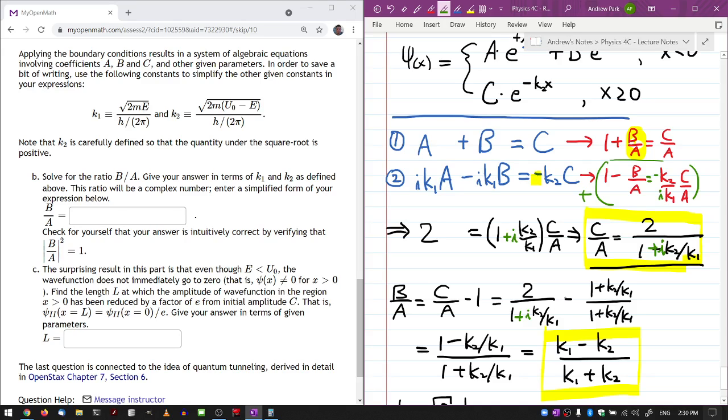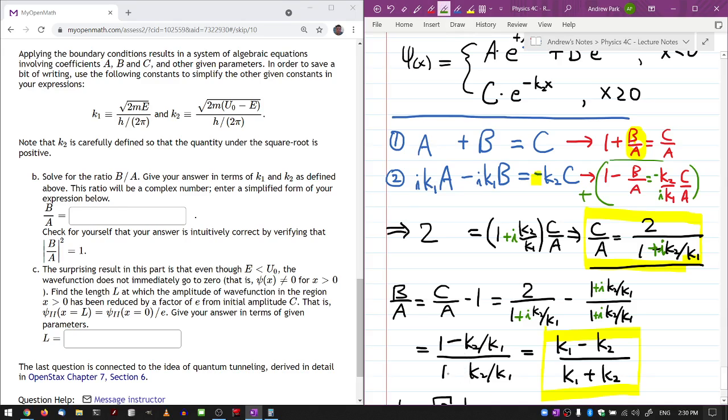Well, let's see. I'll just work through the algebra and see if there's a difference. For the 1 that we are subtracting, our convenient form of 1 changes. It's going to be 1 plus ik2 over k1, over 1 plus ik2 over k1. So when you take the difference, let me correct the denominator here.